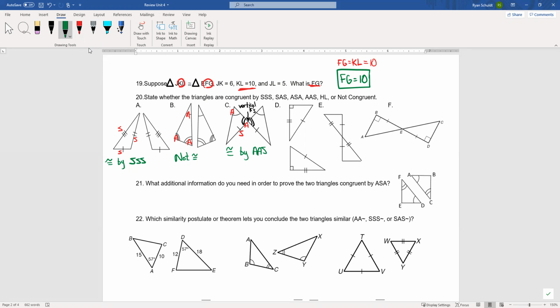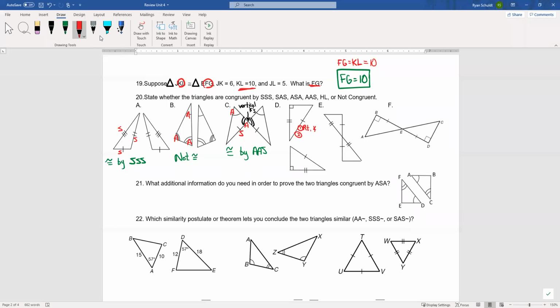Okay, then we have the next one. So the first thing I notice is it's a right angle. Aha! We may have something for that. We've got a special case that deals with right angles. Let's see if we meet the requirements for it. So we've got our right angle. Is the hypotenuse congruent?